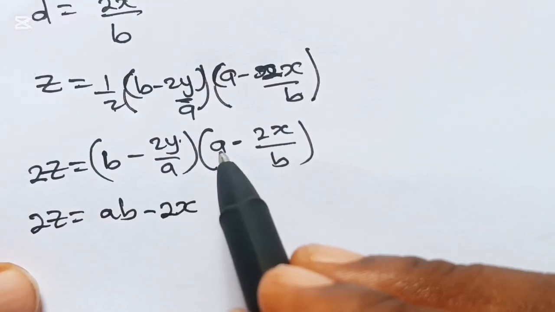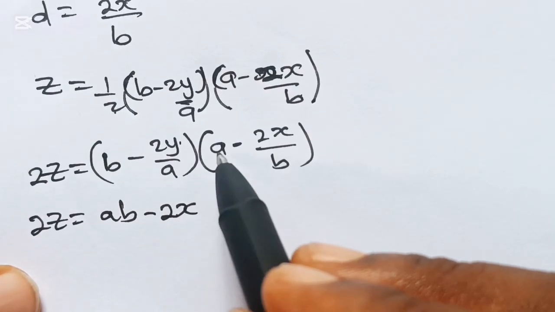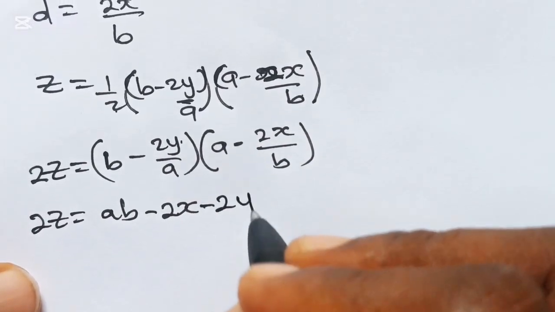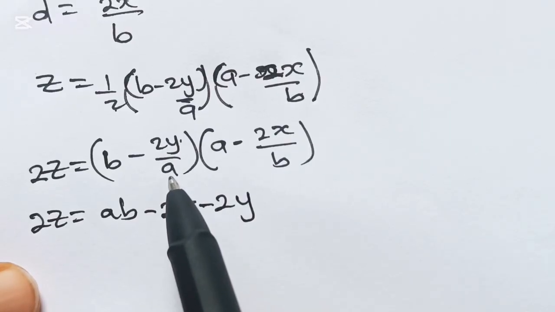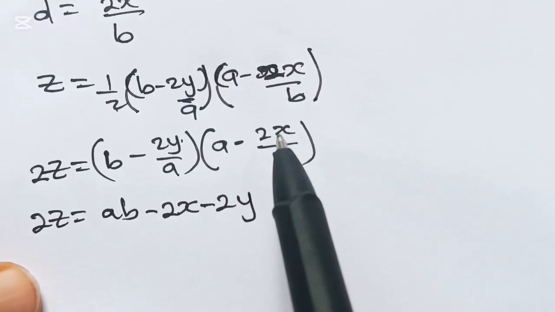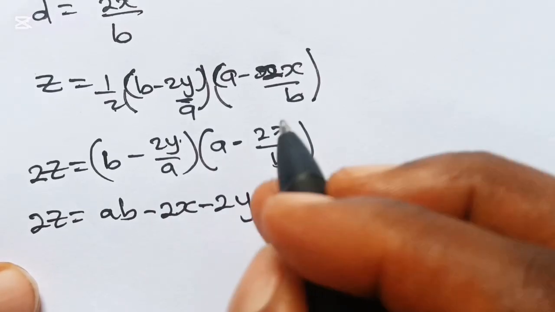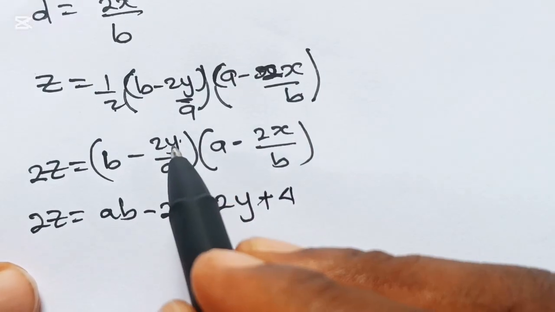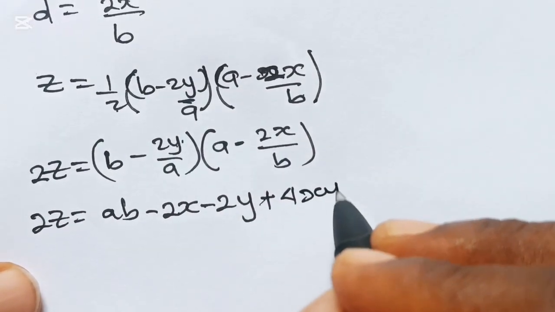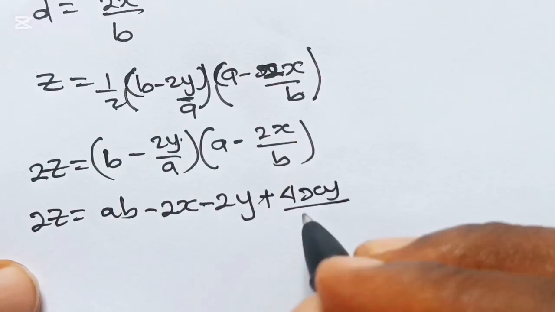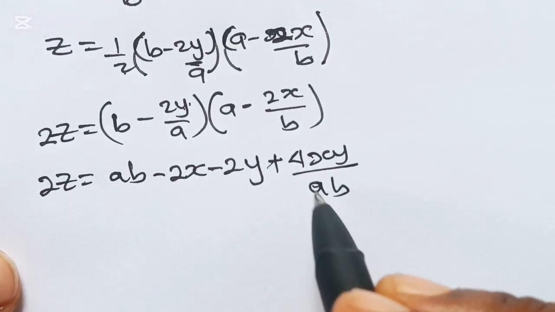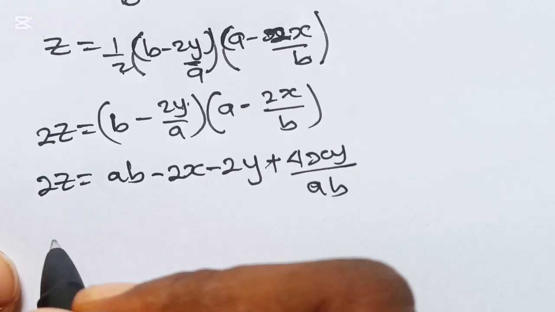Then minus 2y over a divided by a, here we cancel a, we are left with minus 2y, and minus 2y over a multiplied by minus 2x over b. Minus times minus is plus, 2 times 2 is 4, y times x is xy over a times b is ab. Now let's multiply through by ab so that I can cancel ab here.